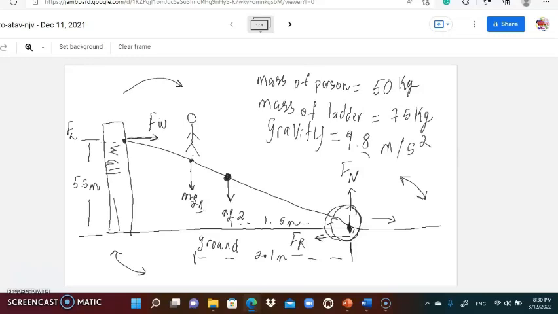Now, if you look at the forces acting down some distance from the lever, you will realize that both forces will cause the object to go in an anti-clockwise motion. While if you look at the force that is being exerted by the wall, you will realize that force will cause the ladder to move in a clockwise direction.